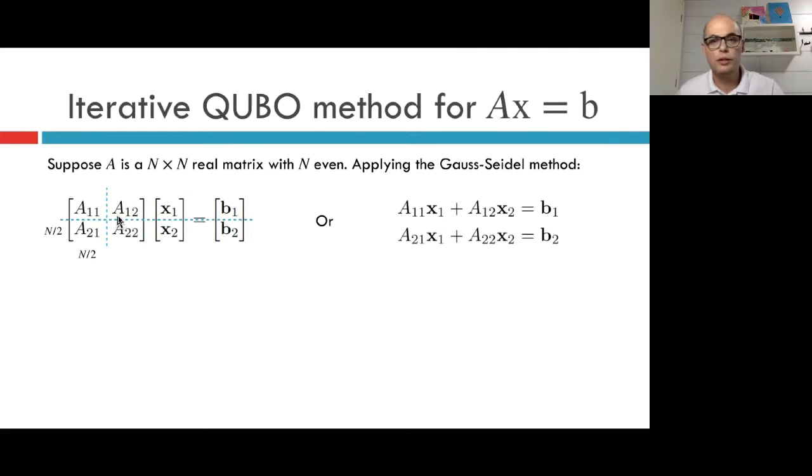We do that using the Gauss-Seidel method. In this method, I will give a simple example here. We split the system of linear equations in two parts, as you can see here, and you have these two equations. Suppose that initially you make a guess for x2 and you find the value of x1.